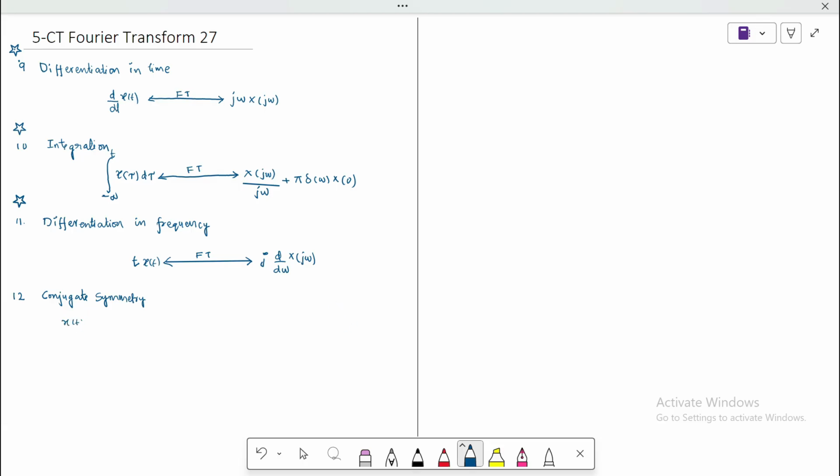Now x of t is real, so the complex conjugate gives the same signal. So X of j omega complex conjugate, with omega replaced by minus omega, equals X of j omega. Why? Because x of t is real.